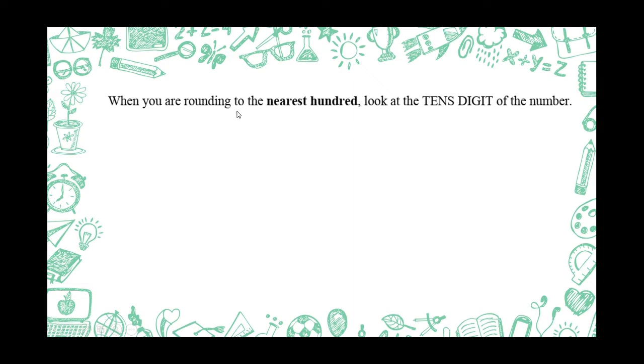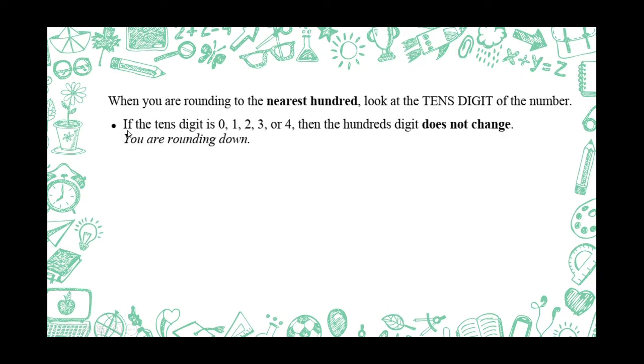When you are rounding to the nearest hundred, look at the tens digit of the number. Okay, so if the tens digit is 0, 1, 2, 3 or 4, then the hundreds digit does not change. You are rounding down.